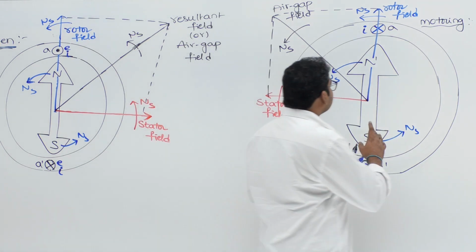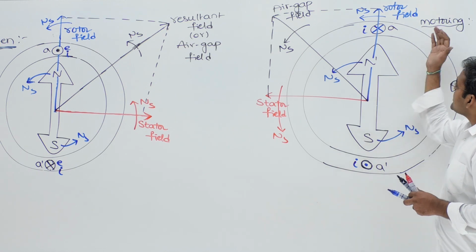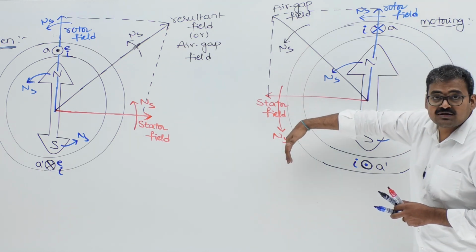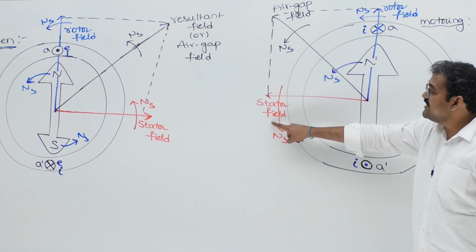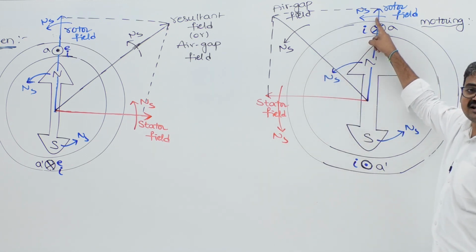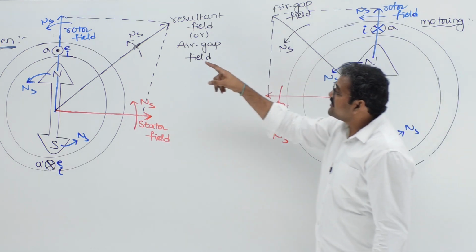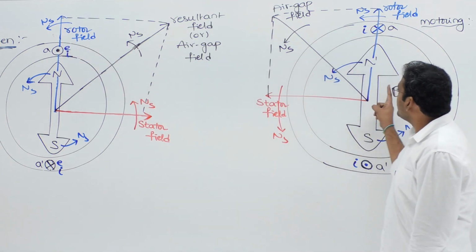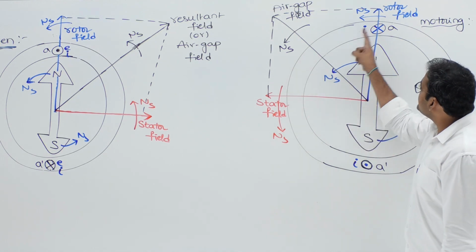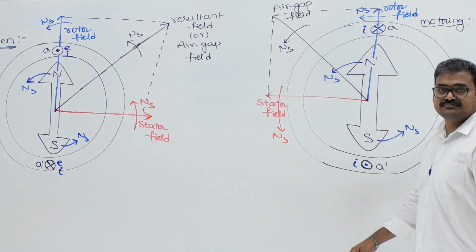Now look at this diagram. In the direction of rotation, tell me which field is leading this time. Yes, the stator field is leading and the rotor field is lagging. In a generator, the rotor field is leading and the stator field is lagging. In a motor, the stator field is leading and the rotor field is lagging.